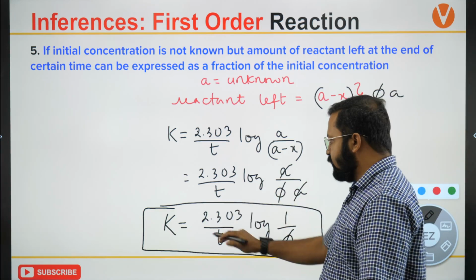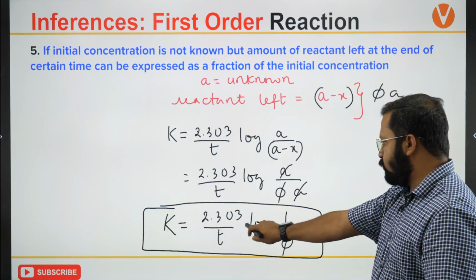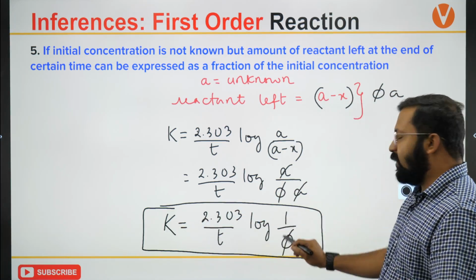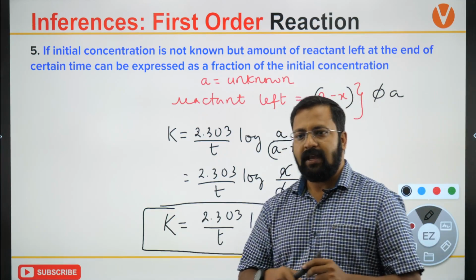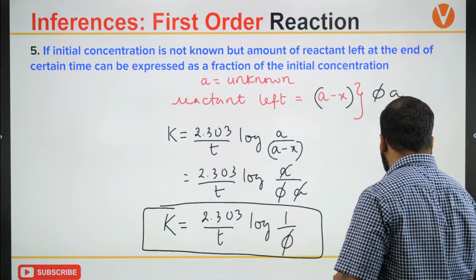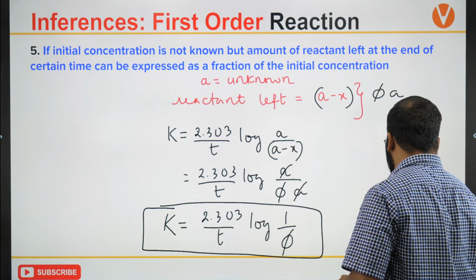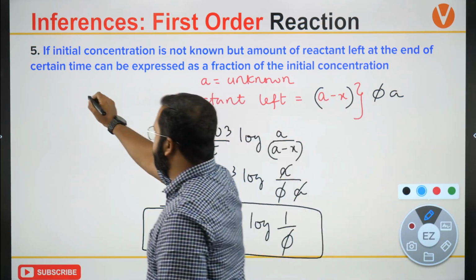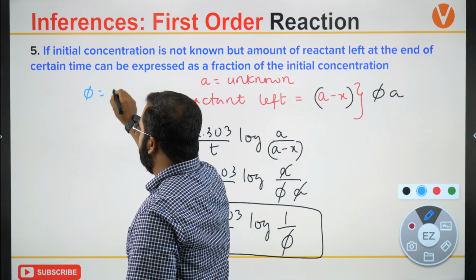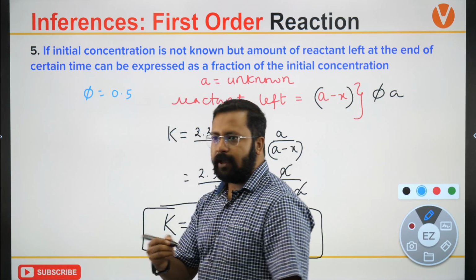Okay, so the inference is K is equal to 2.303 by T log of 1 by phi. Now let's say it is 50% of the reaction. If it is 50% of the reaction, then phi will become 0.5.